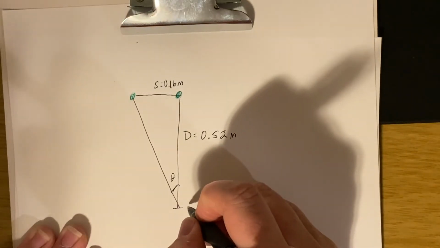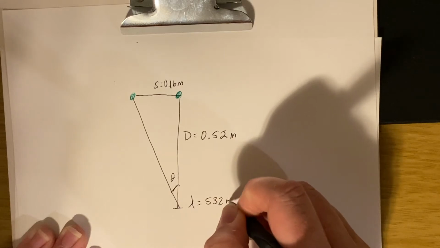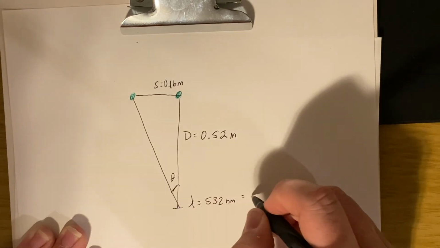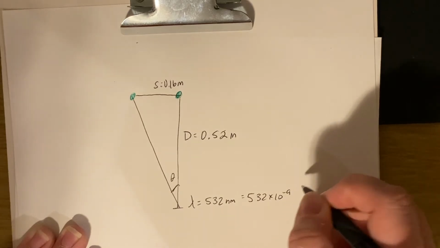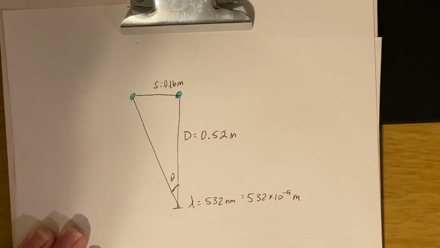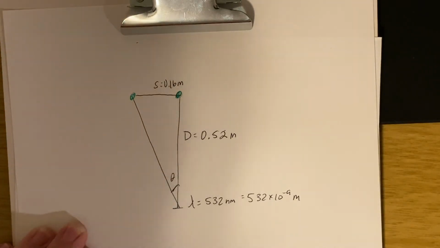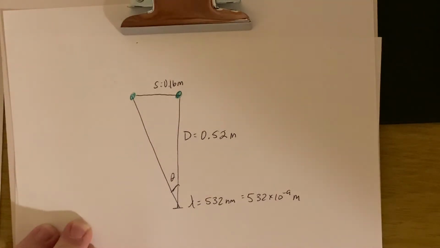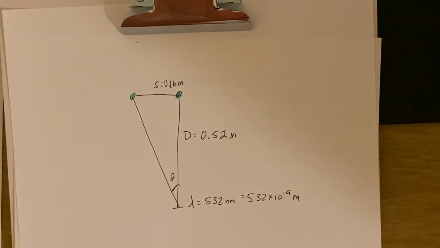And the green laser has a wavelength of 532 nanometers. So we can say 532 times 10 to the negative 9th meters. Nano is times 10 to the negative 9th. So we can use our equation and figure out the distance between the slits here.